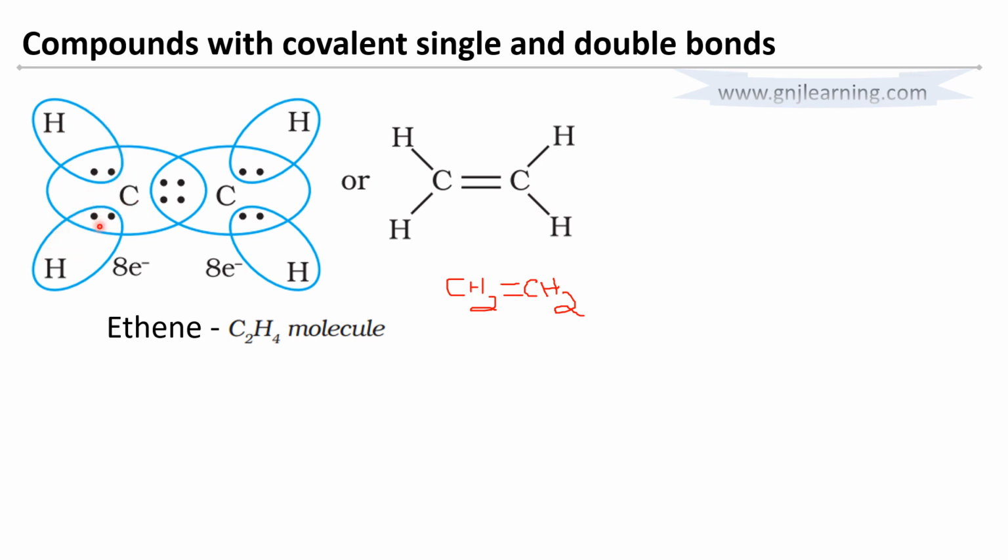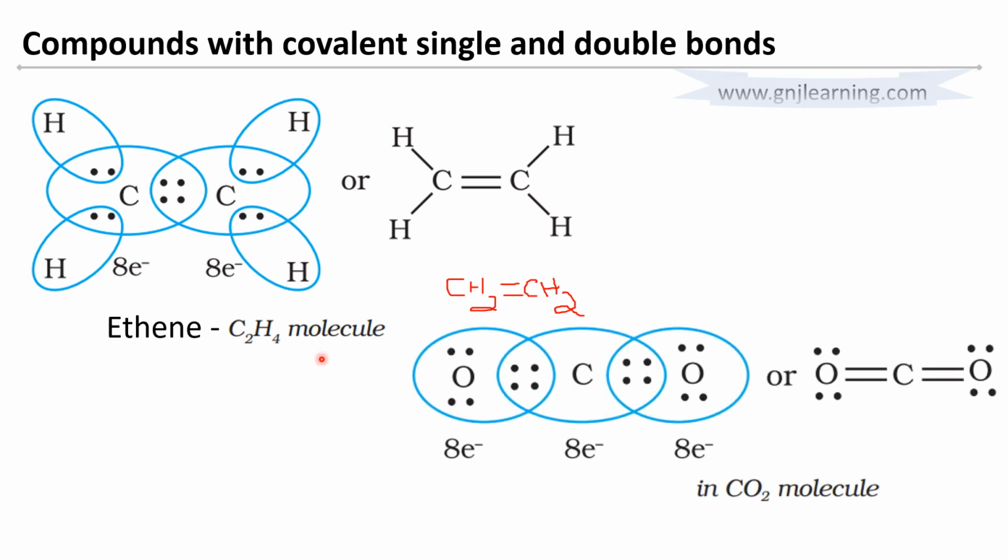So one is shared with this hydrogen and one with the other. Now this carbon has 8 electrons. Similarly, this carbon also does the same. Thus it has 8 electrons, that means octet. Clear? And in the case of hydrogen, it has a doublet. So this is how the double bond is formed. Another example is carbon dioxide, in which carbon is in the center and oxygen on both sides.